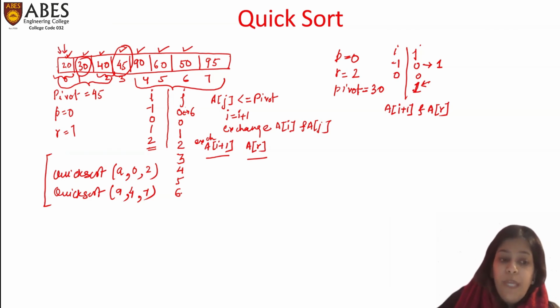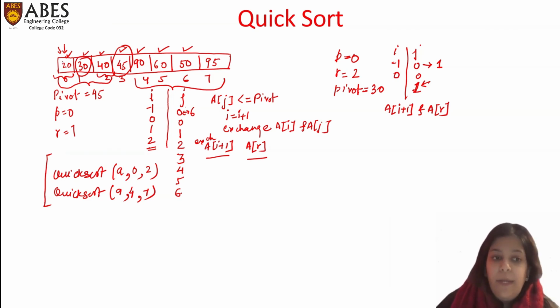So if the lower bound and the upper bound are at the same point, then there is no need for further sorting of those elements, because that is only a single element, right? So the recursive quicksort algorithm will only be called as long as p is less than r.